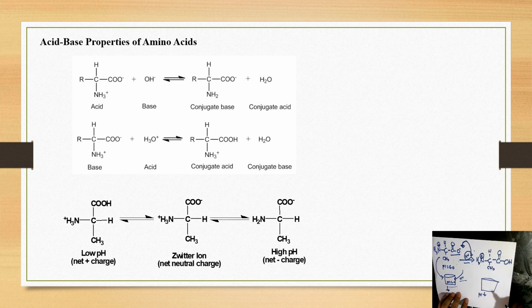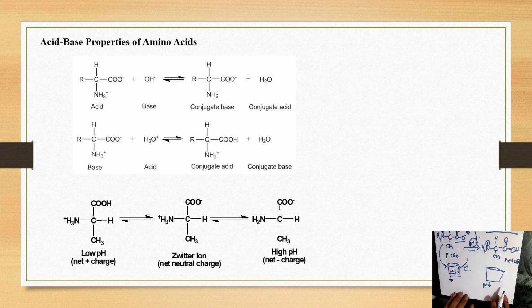Now what is the net charge of this alanine this time? The net charge is positive 1. So we can conclude that the net charge of alanine at a pH below its isoelectric point is positive 1.